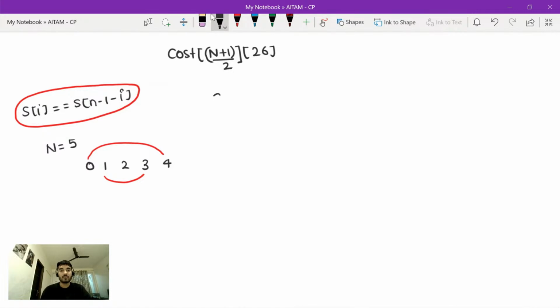and what it will store. So cost of i comma j, or let's say this as c.